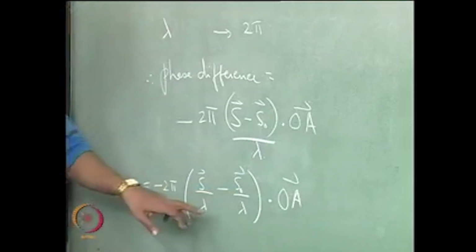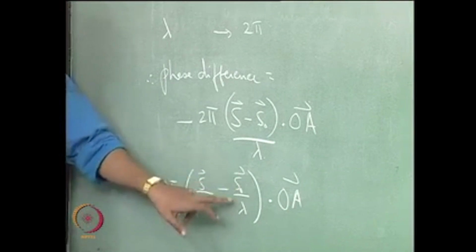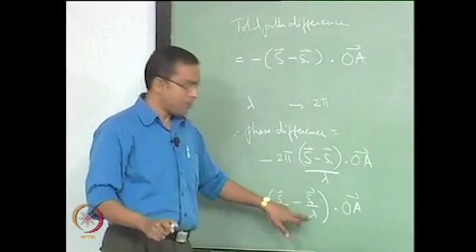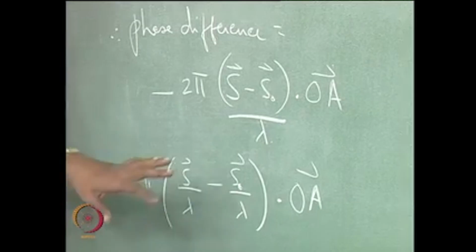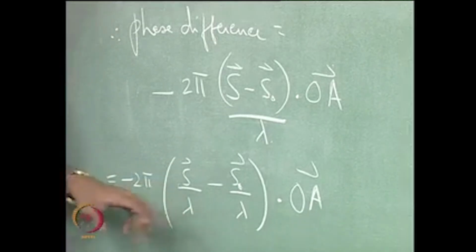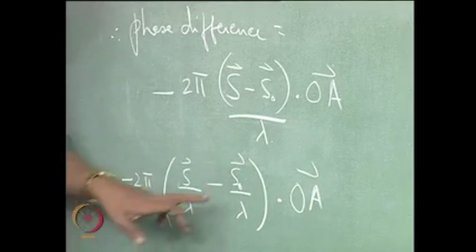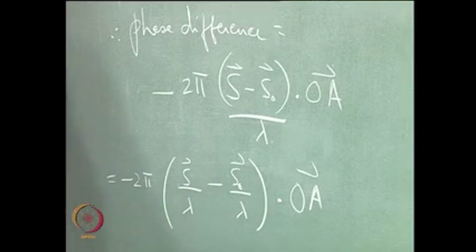What we need to keep in mind is that this S naught is the direction of the incident wave, and 1 by lambda is the magnitude of it in reciprocal space, if you want to put it in inverse space. We need not worry about that in a specific way, except that we need to understand this is a direction and the quantity here is 1 by lambda, so it is a reciprocal length quantity.